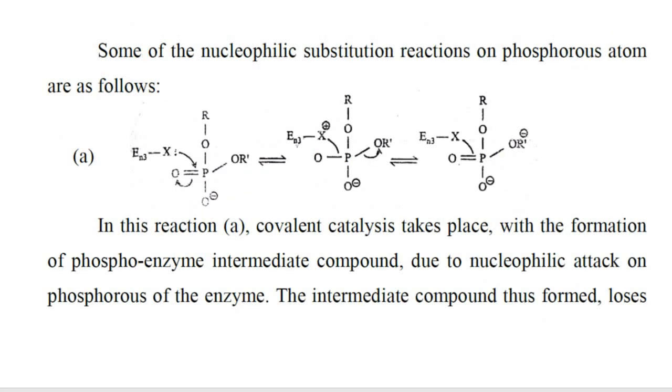So some of the nucleophilic substitution reactions on phosphorus atom are as follows. You can see here phosphorus double bond oxygen, single bond oxygen, and a charged oxygen. So how this attack on phosphorus happens, and it is in equilibrium.